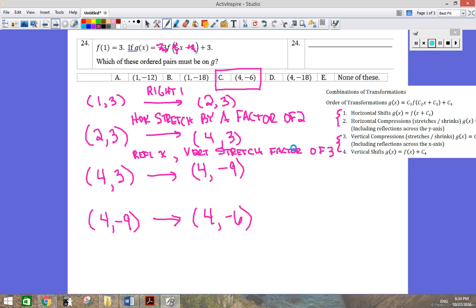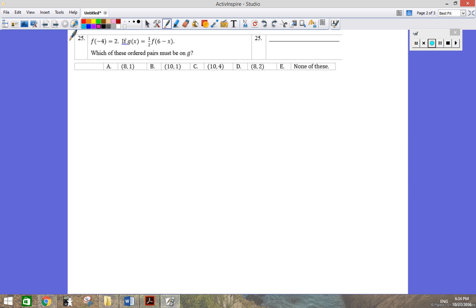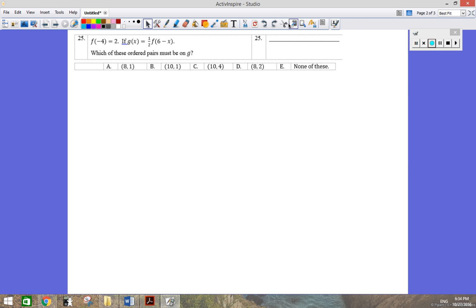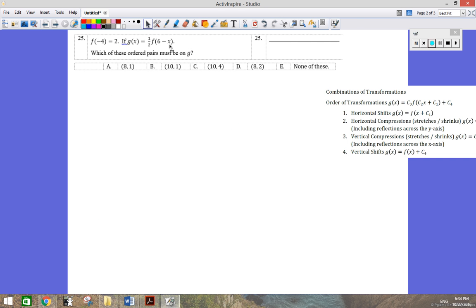Let's take a look at the next one here. Let's bring along our notes here. All right, so the first thing that I notice is that the x term is not first. It says 6 minus x. But in my notes, it has the x first.